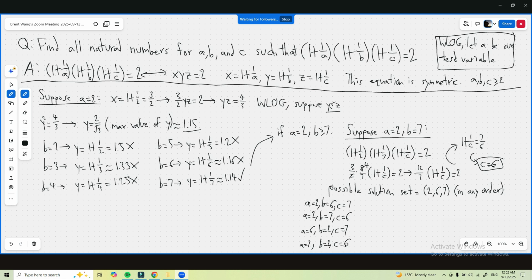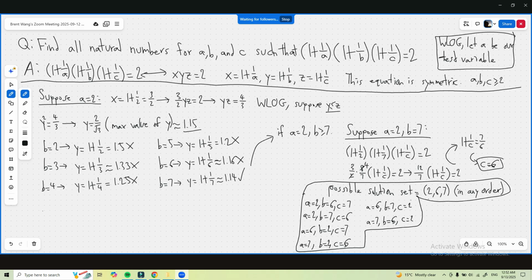And lastly, if c were to equal 2, a equals 6 and b equals 7, and the final solution would be a equals 7 and b equals 6. So these would be the 6 possible solution sets if you were to get 2, 6, and 7.